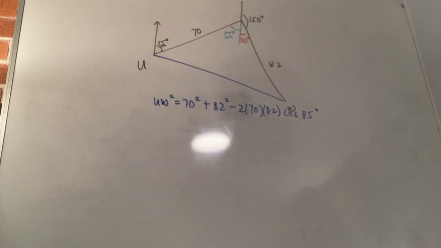Is it meant to be to the nearest kilometer? Okay, so this one is 3. That's small. Wait a second, what did you put? No, you need to put the whole lot in the calculator.